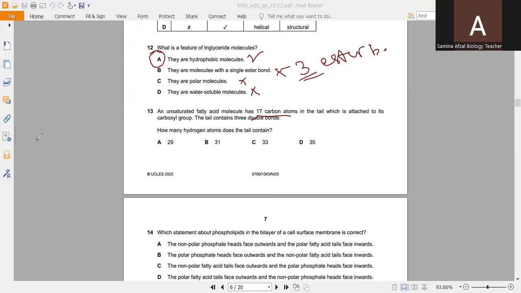Since the tail has three double bonds, we subtract 6 hydrogens from the saturated total.